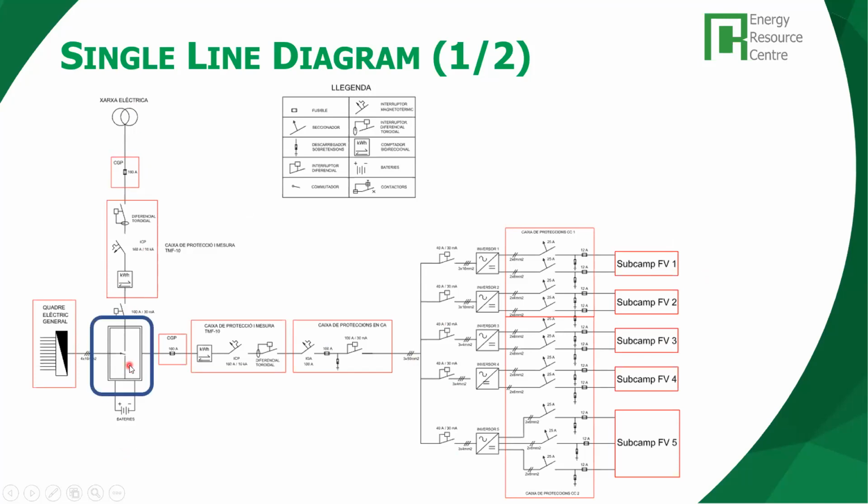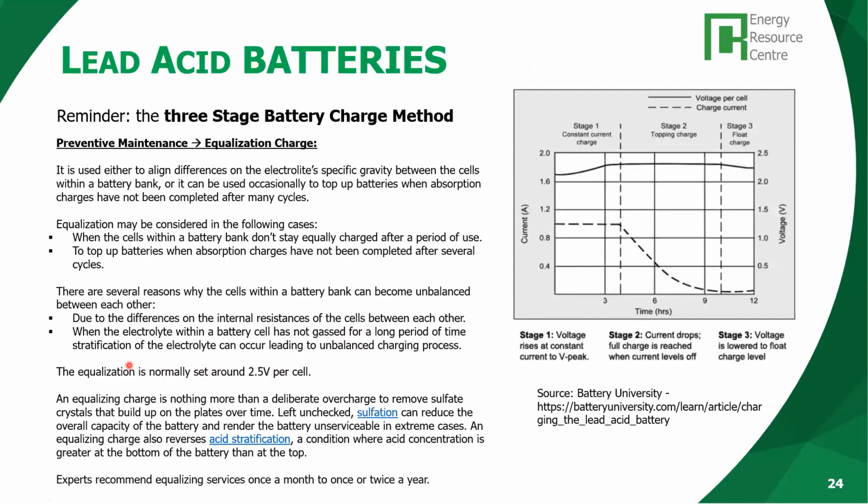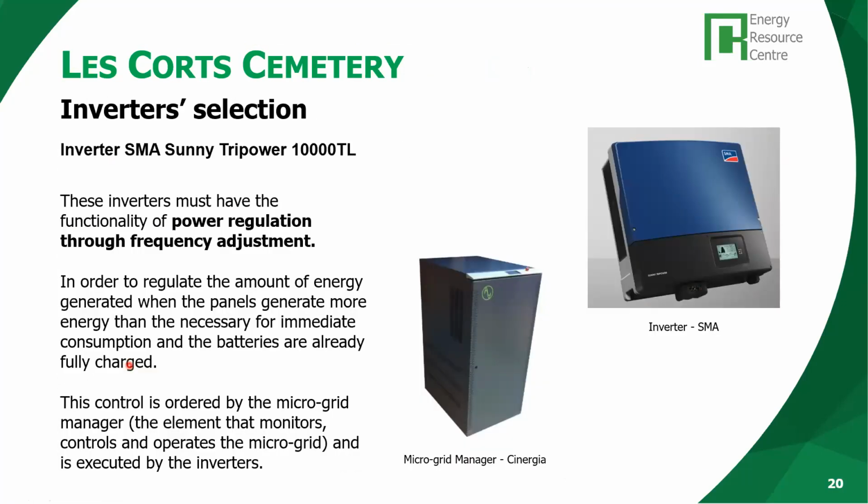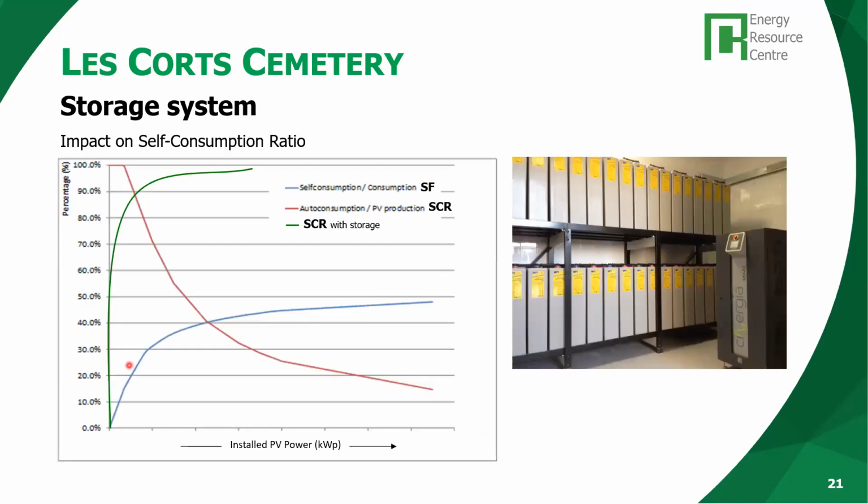You can see the switch element inside the microgrid manager. You have a switch that chooses if we use the grid or if we use the photovoltaic installation. So for this specific system, this manager component was necessary.